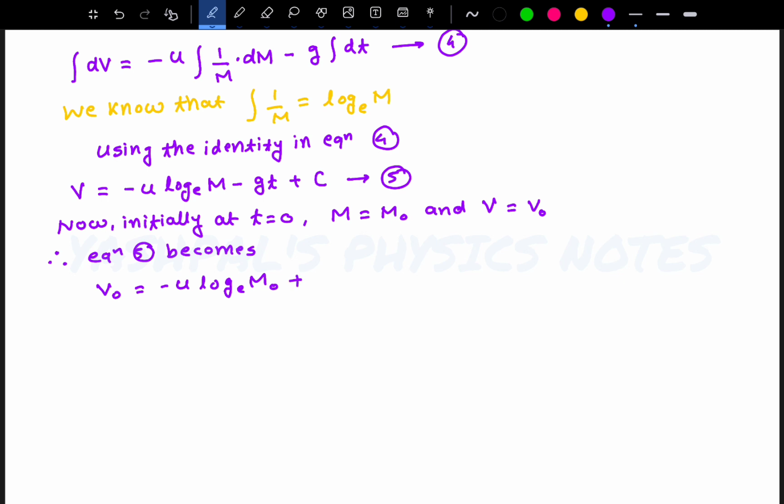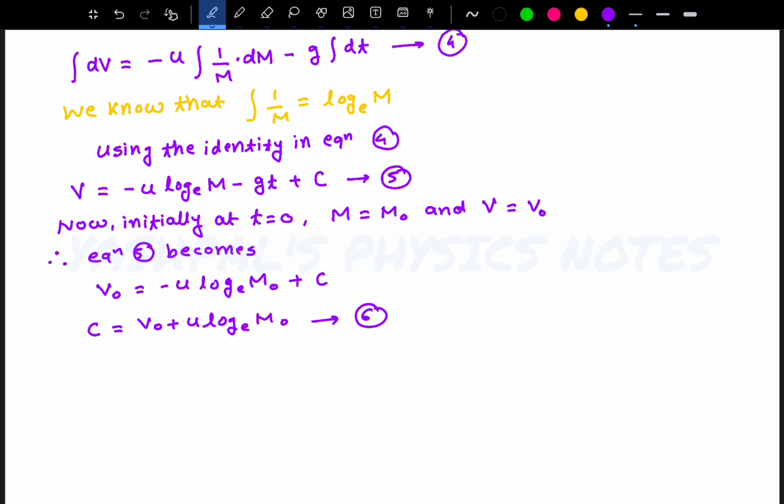So I can write here plus c. Now I can find the value of c, the constant of integration, by rearranging the above equation. Therefore c equals V naught plus u log to the base e m naught. So this will be our equation number 6. What I have done is I have written V naught as it is, and I have transferred the term minus u log to the base e m naught to the RHS.